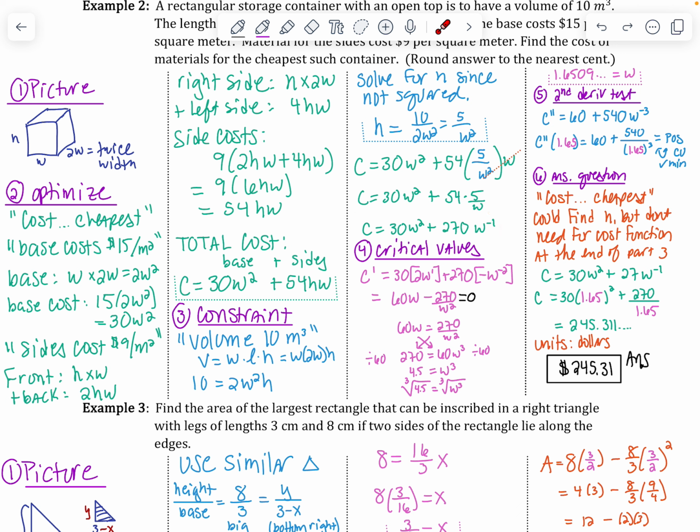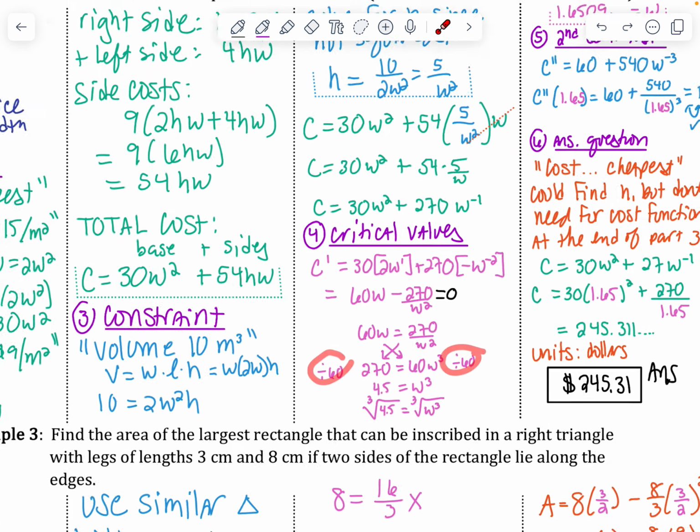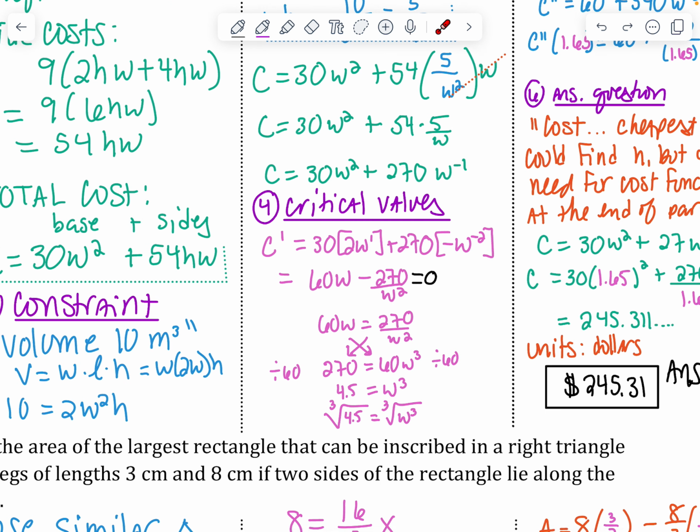I want to optimize this function that now is in one variable. I do this by finding the critical values. So taking the derivative of 30W squared, taking the derivative of 270W to the negative 1, and setting it equal to 0. So adding the negative term to the right, cross multiplying, dividing both sides by 60, and then needing to take a cubed root of both sides.